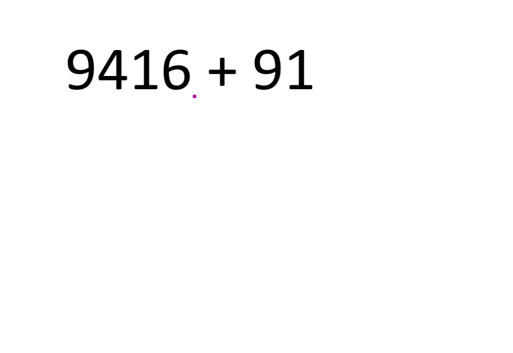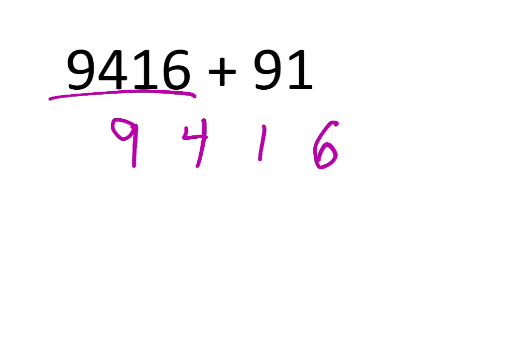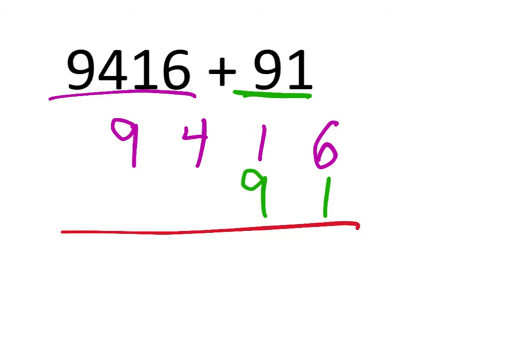So I'm going to start with this 9,416, and I'll write these numbers out. 9, 4, 1, 6. Each digit separated into its own place value, and then I'm going to add the 91 here. So that's a 9 in the tens place value, 1 in the ones place value. Let's go and add these together.